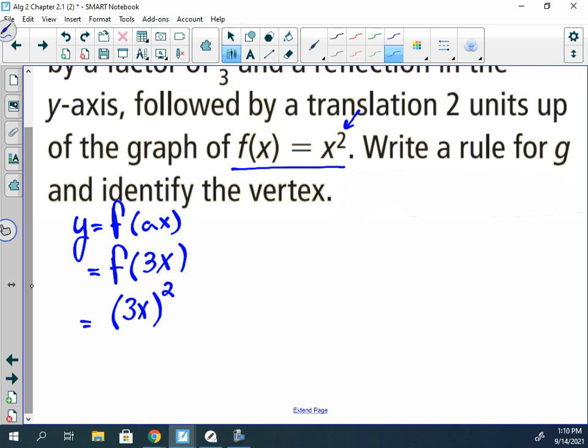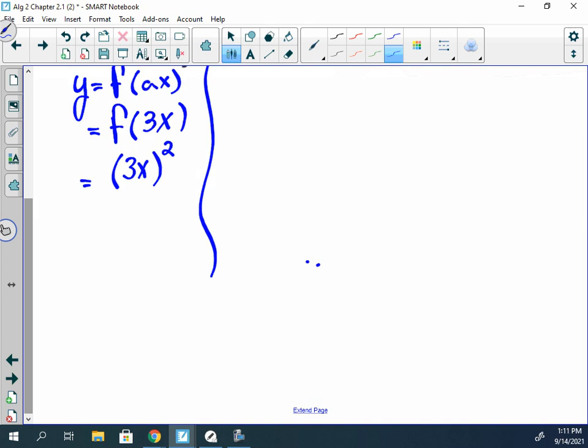Now we could leave it like this here. There's nothing wrong with leaving it as 3x squared. Because there's nothing added or subtracted to the x, unlike something like 3x minus 1 squared, we can simplify this.